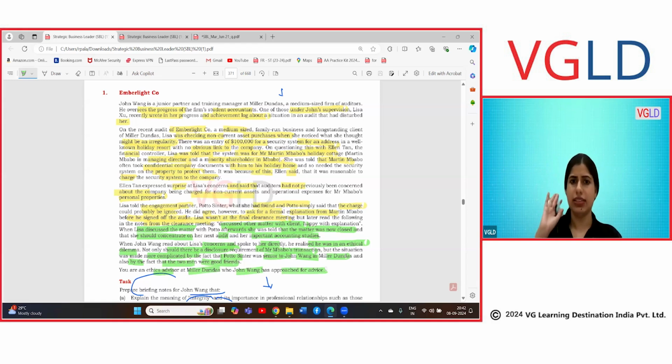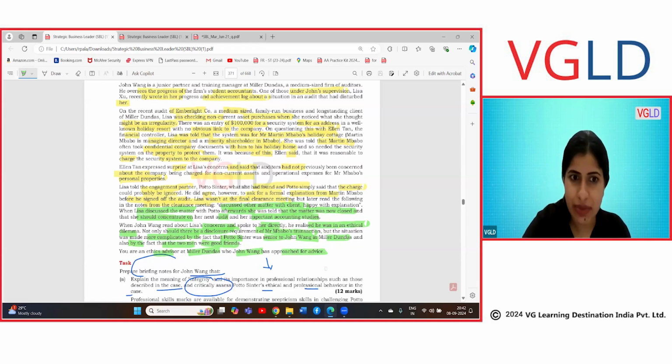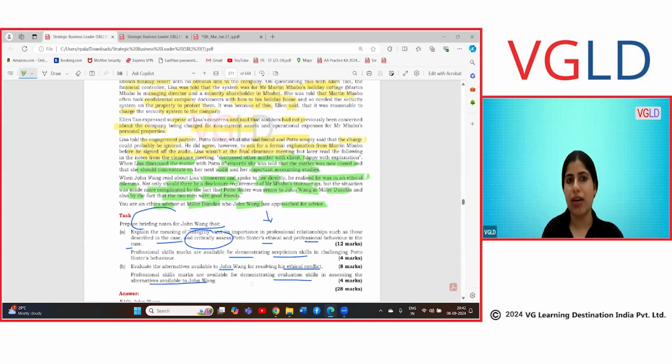Now you are the advisor, right? And you are being approached for the advice. Now you have to prepare the briefing notes for JW that explain the meaning of integrity. You have to tell what is the meaning of integrity. That means honesty, straightforwardness, truthfulness. Do not conceal the wrong thing. You have to be in fair dealings.